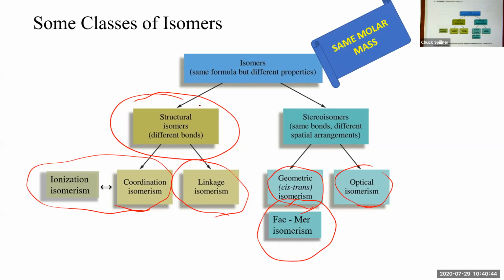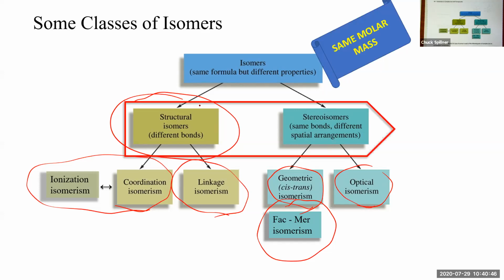The thing is that when we talk about structural and stereoisomers, these occur in organic chemistry too. So when we get to our chapter 20, we're going to again look at the different kinds of isomers that you can get from organic compounds. And in organic chemistry, there are lots of isomers.